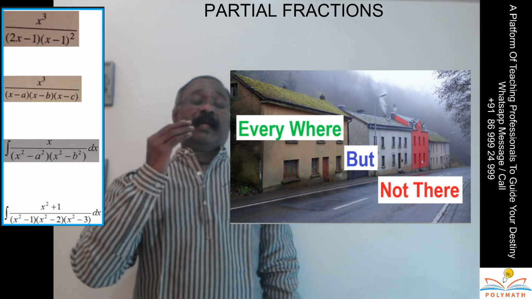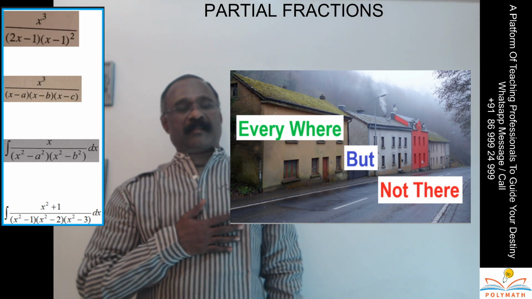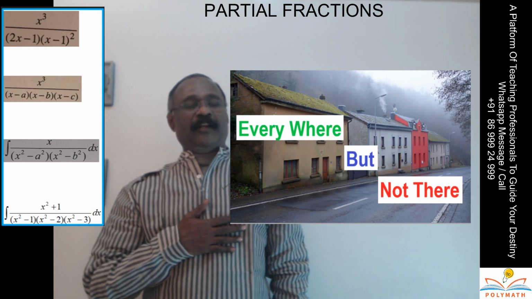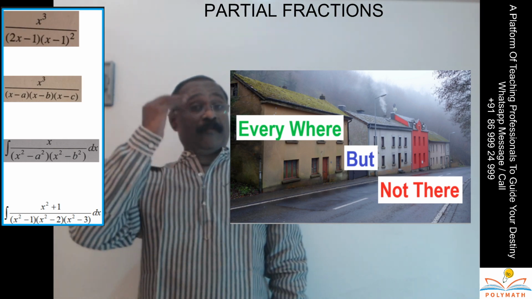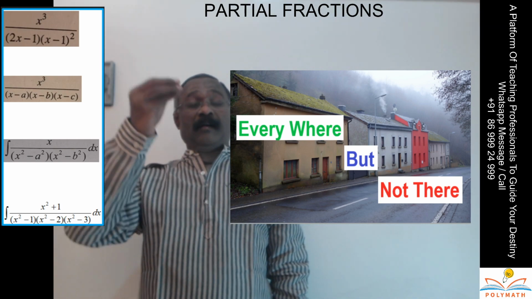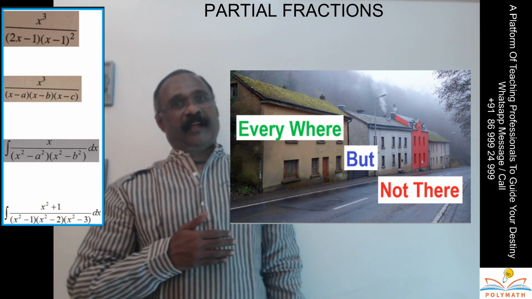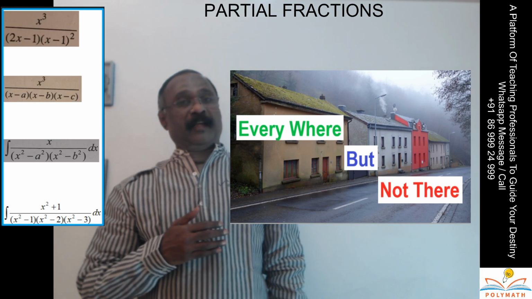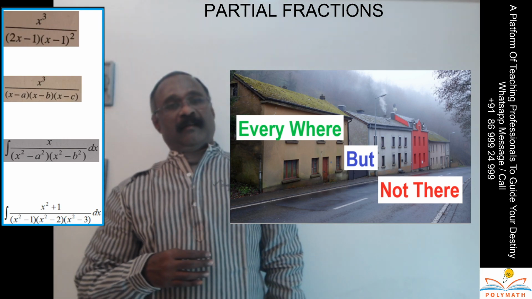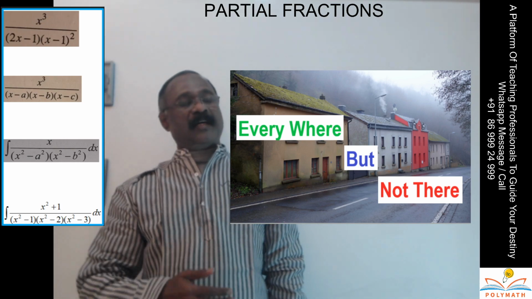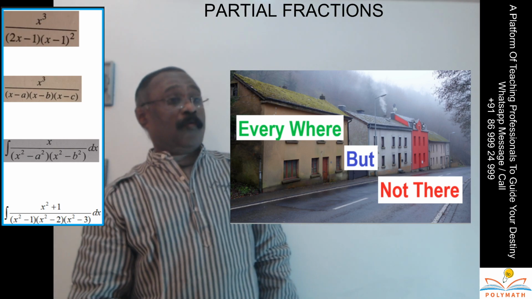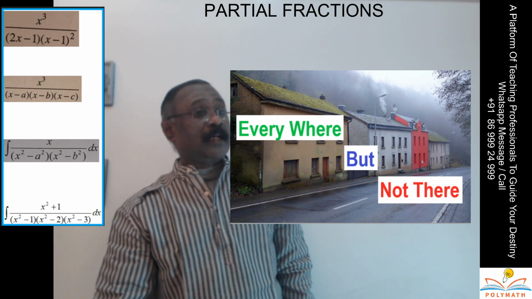Whenever you have a second degree expression in the denominator, then you will have a linear factor of first degree in the numerator. When you have a third degree factor in the denominator, you will have a second degree term in the numerator. That is the basic principle you must know.